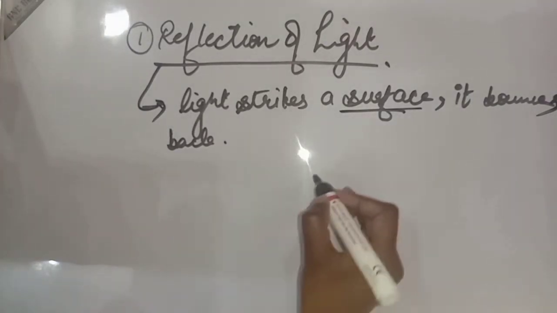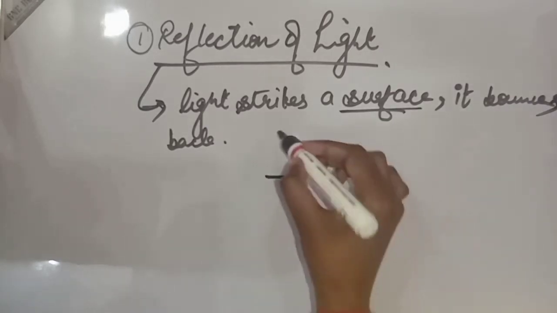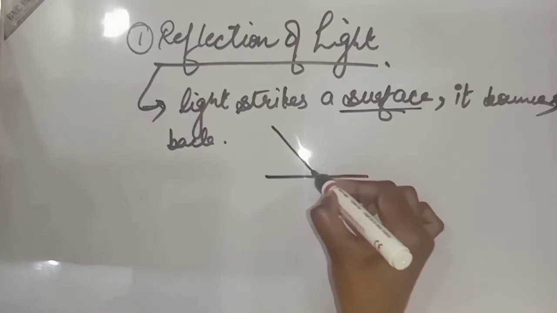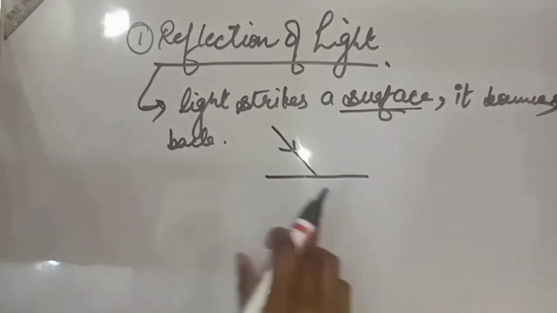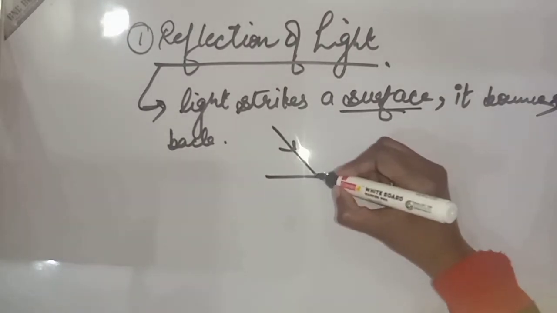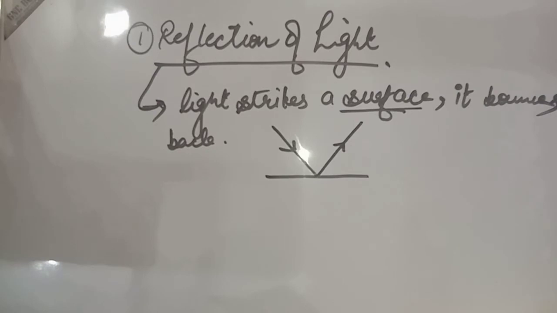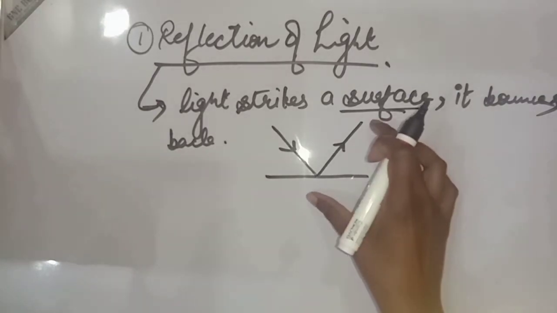If we consider this as a surface and a ray of light striking the surface at this point, then it gets reflected. Right? It bounces back.